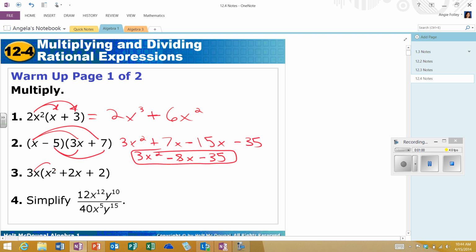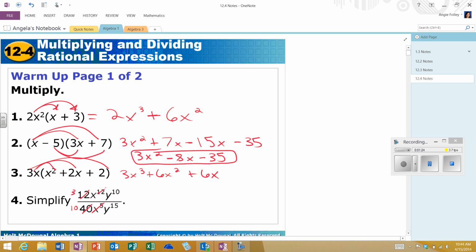Okay, for this next one, I'm going to distribute, so 3x cubed plus 6x squared plus 6x. And then for this last one, we need to simplify. For the 12 and the 40, I can take a 4 out of the 12, which 4 goes into 12 3 times, and 4 goes into 40 10 times.